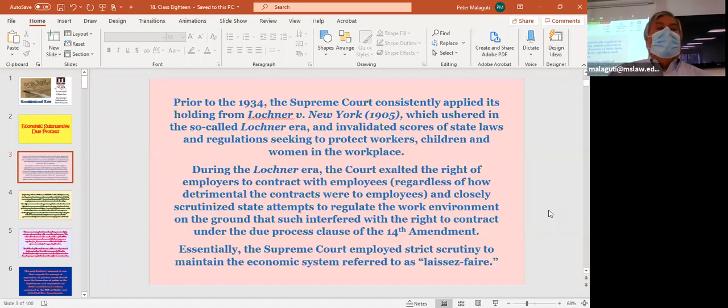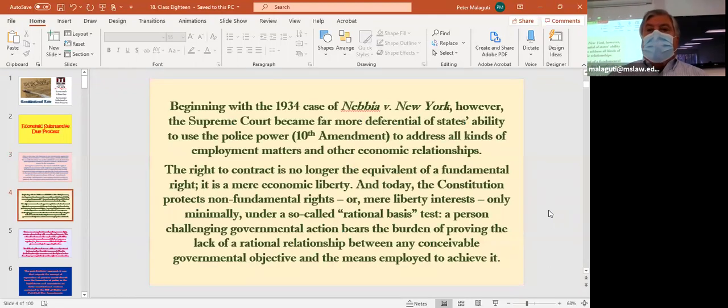And therefore, state governments should not be interfering with the private right to contract. What it essentially did was apply a strict scrutiny standard and second guess all the policy legislation that the states had done. So again, this was fashioned around the whole notion of laissez-faire that dominated at the time.